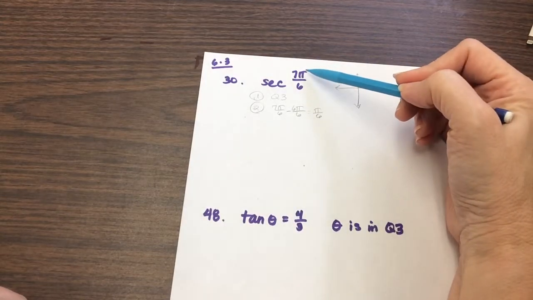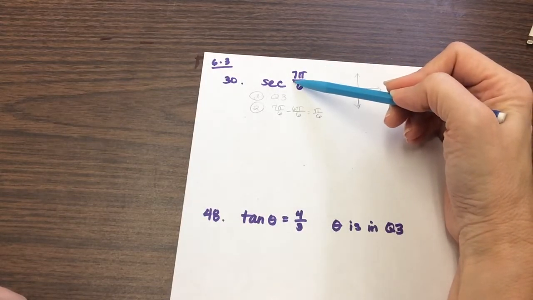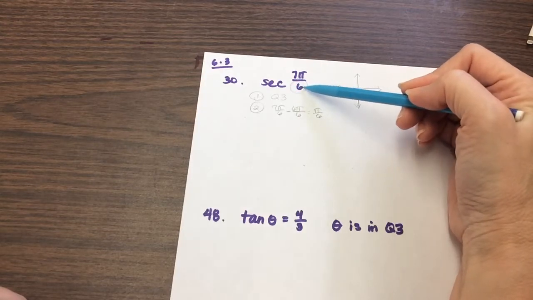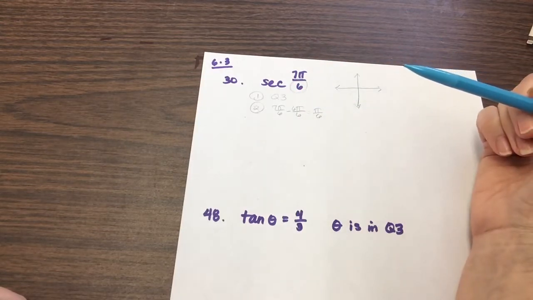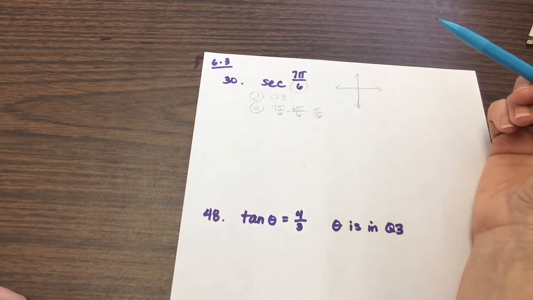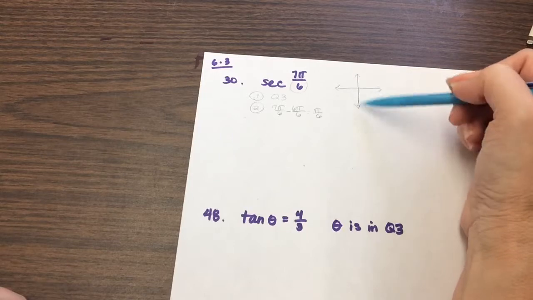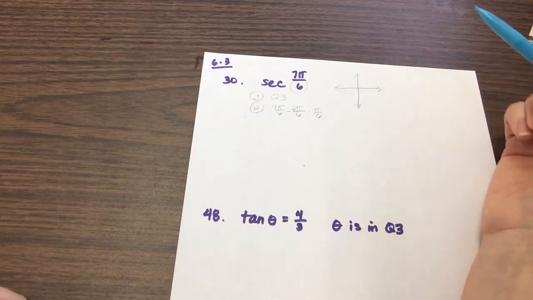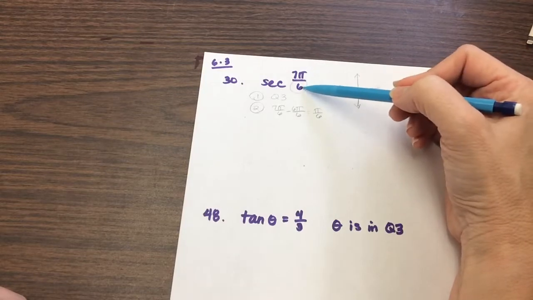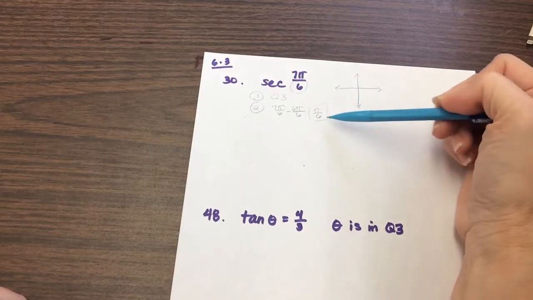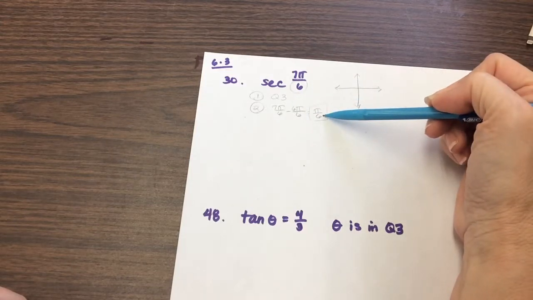If you are given your angle in radians, your reference angle is always going to be pi over whatever that denominator is. Okay? So our reference angles, if it's not a quadrantal, if it doesn't lie on one of these axes, are always going to go back to 30, 45, or 60. So whatever our denominator is, that's going to be my reference angle. So my reference angle is pi over 6, or 30 degrees.